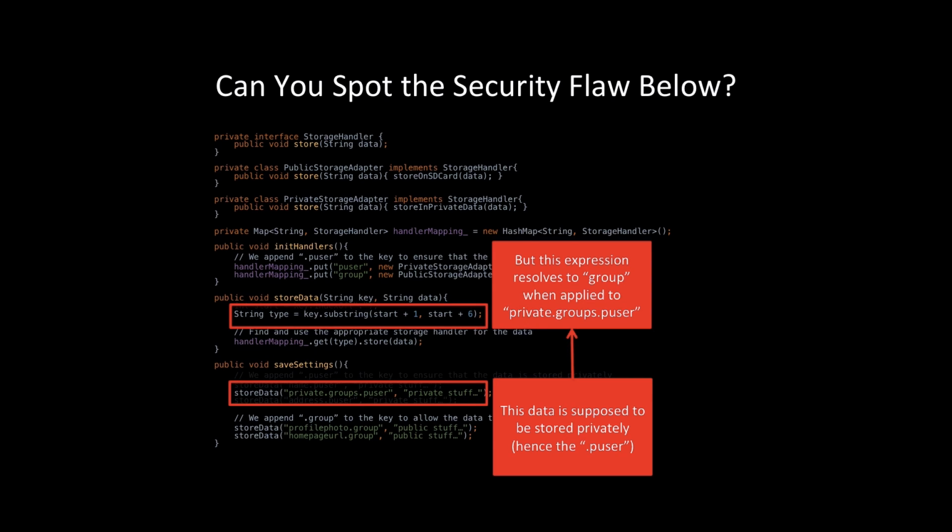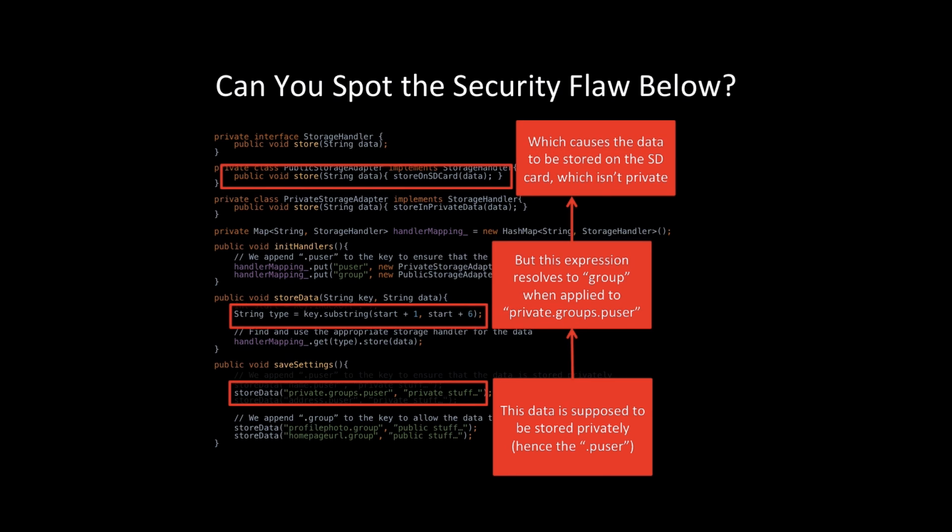So if we actually apply this function to private.groups.puser, this expression thinks that groups is the suffix, when in reality .puser is supposed to be the suffix. Since it thinks it's groups, it extracts groups and uses that as the type, which then causes the public storage handler to get used, which stores this data onto the SD card.